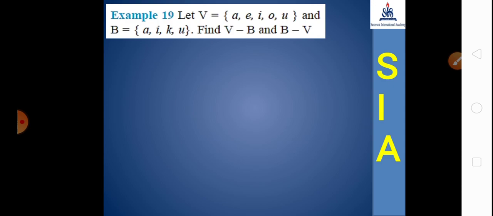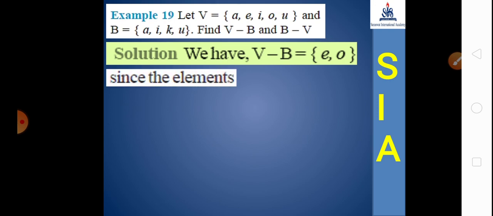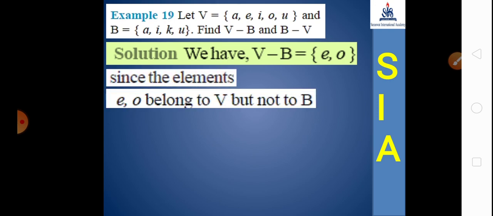Example 19. V is given and B is given. Asking V minus B. Very easy, students. V minus B means present in V but not present in B. So you cut the values, and you only get E and O. The other elements, A, I, U, you cut from B. E, O belong to V but not in B. And second, B minus V is K, because the other elements A, I, U are already cut with the V elements.